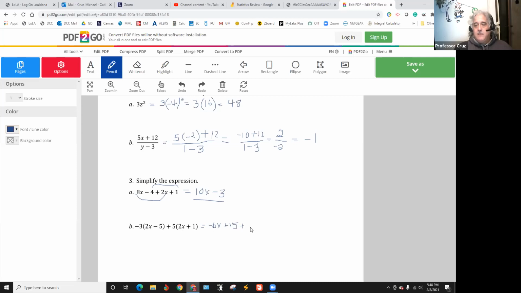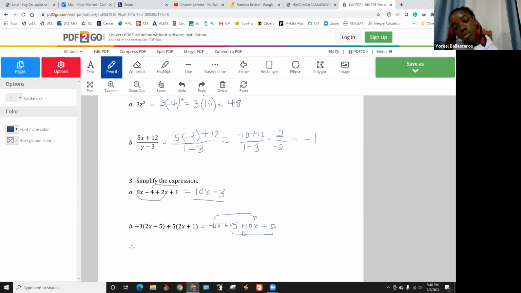Good. Plus 5. Yeah, 5 times 1 is +5. And then we're going to combine those two and these two. So -6x plus 10x is 4x, right? Yes. 15 plus 5 is 20. So it's 4x plus 20. So that's all we can do, right? Mm-hmm.